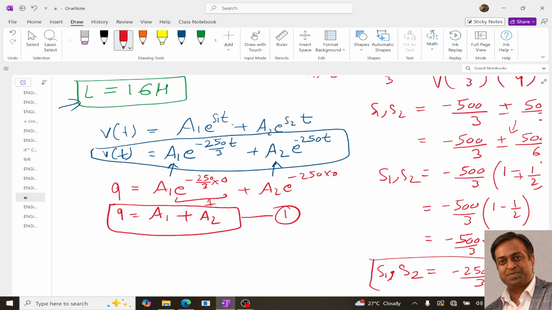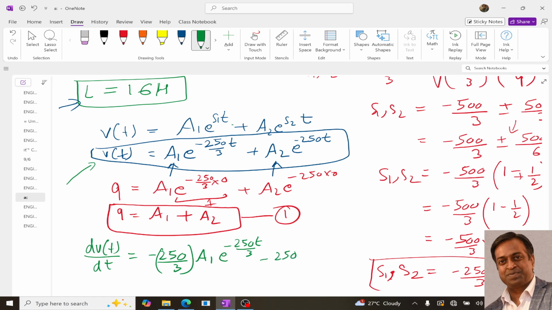Now to determine the second equation, we need to differentiate this. If I differentiate this, I will get dvt by dt, and the differentiation will be minus 250 by 3 A1 e power minus 250 t by 3 plus or minus 250 A2 e power minus 250 t, right?